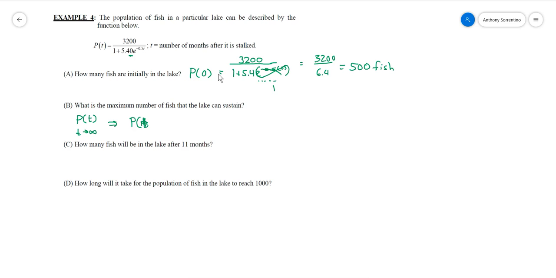Well, the maximum P of t would be 3200 over 1 plus 5.4 e. Well, let's think about what goes on with this. Let's not even go with that exponential there. This is what they want you to do, to think about what's going on here.